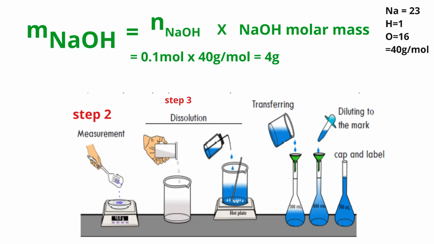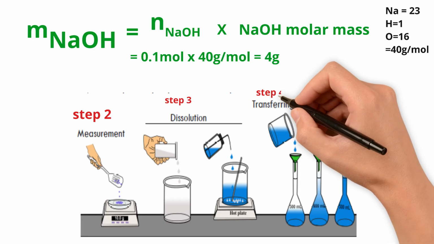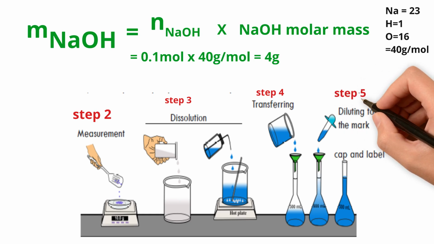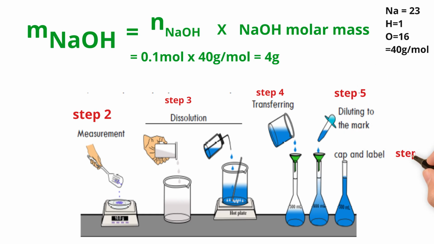Now let us transfer the solution into a volumetric flask in step 4. Finally, in step 5, let us fill the volumetric flask until the mark. And the last step, step 6: now, let us cap it and label it. This one is the final step.